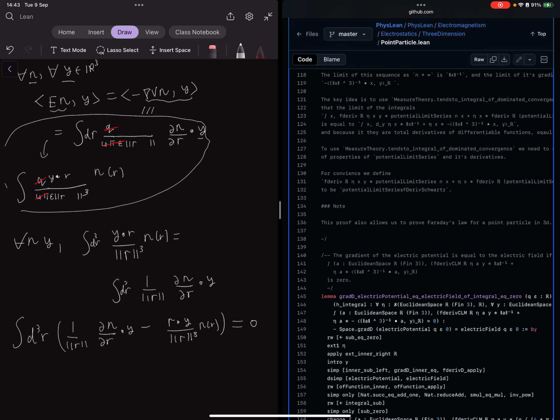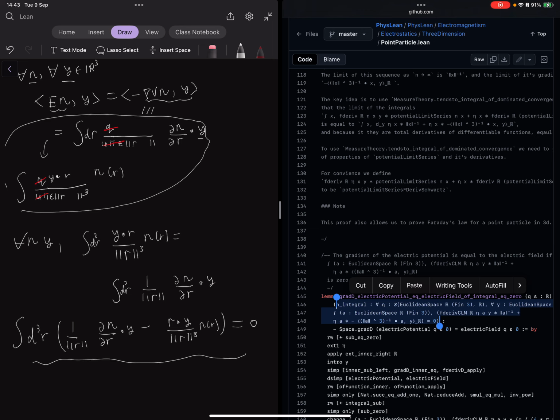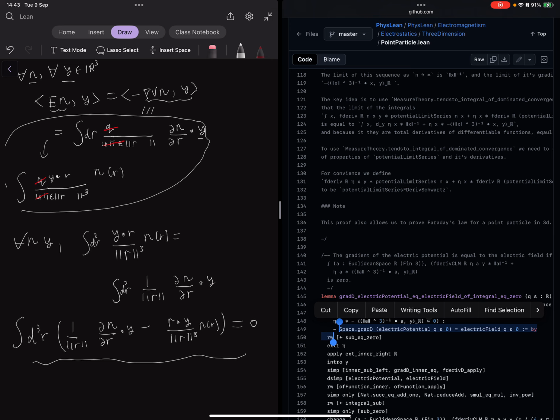And this is essentially what this statement is saying: if this is true for all eta and all y, then our desired goal, that is to show that the electric field is equal to the gradient of the electric potential, is true.